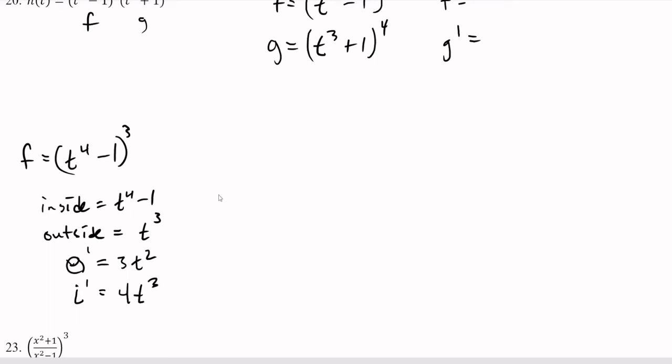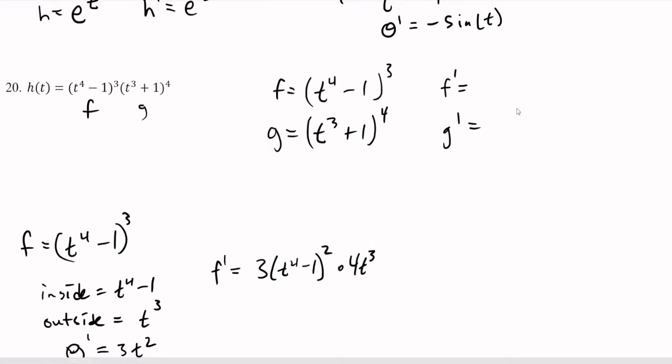Putting this all together, f prime will be derivative of the outside, 3, but not t squared, we got to plug back in, t to the 4th minus 1 squared, times the derivative of the inside, 4t cubed. There we go. So that's 12t cubed, t to the 4th minus 1 squared. G prime, okay, so I'm going to do this one a little bit quicker. You could pause, see if you can do it too.